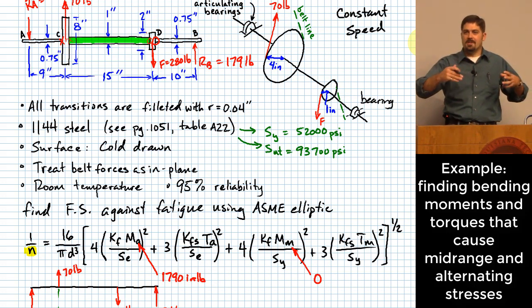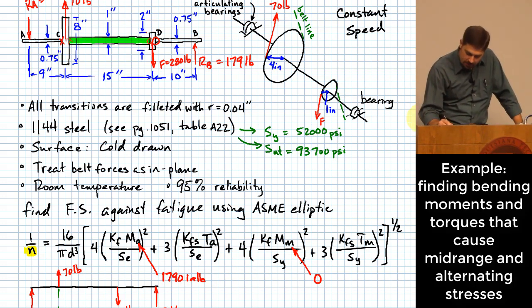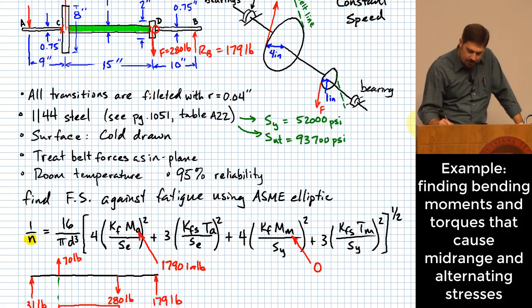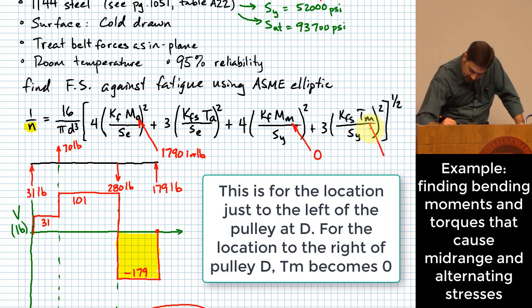One of the words that it uses sometimes in the book is a pulsating torque? And the answer is not for this problem, right? For this problem, it's inputting torque on one end, taking it out on the other end, and so the torque that's being transmitted is going to be 280 inch-pounds, and that's going to come into T sub m right here.